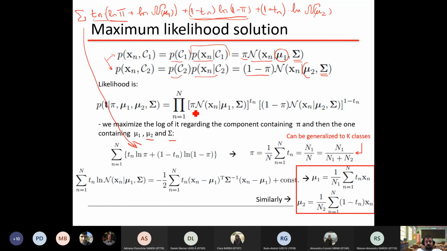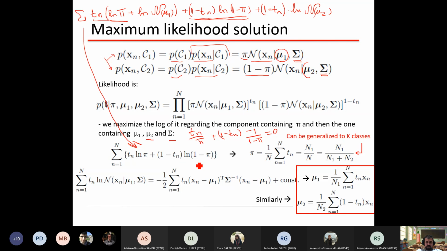Okay. Now we have to differentiate and set it to 0. So that would be t_n over pi, because the derivative of the logarithm is 1 over the term. Now plus 1 minus t_n, and the derivative of the logarithm of u is u prime over u, so minus 1 divided by 1 minus pi, equal to 0.